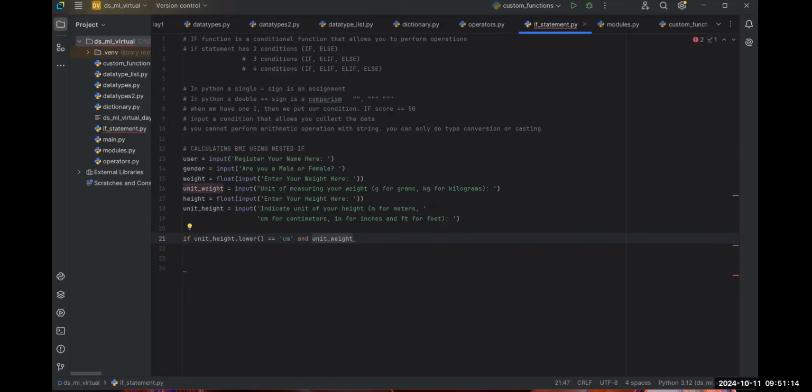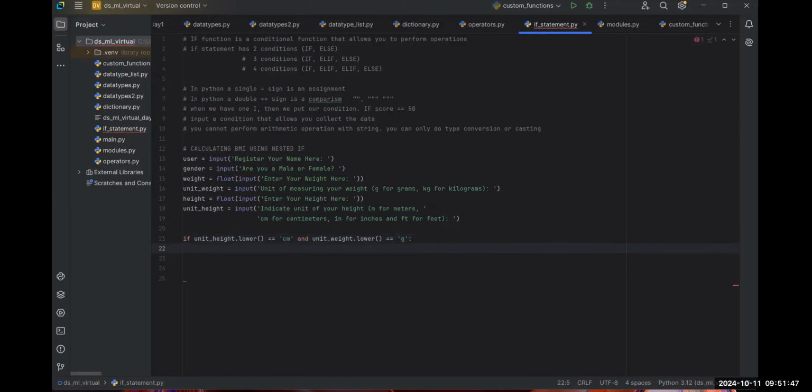And now, unit weight dot lower equal to G for gram. What does this mean? It means that we are going to do the conversion for cm and gram now.